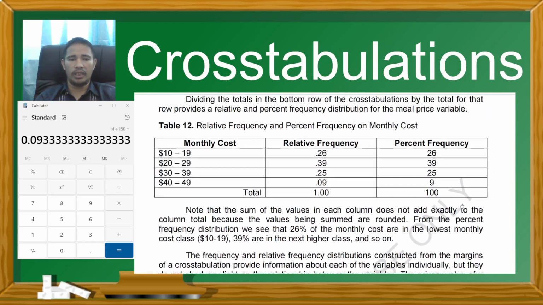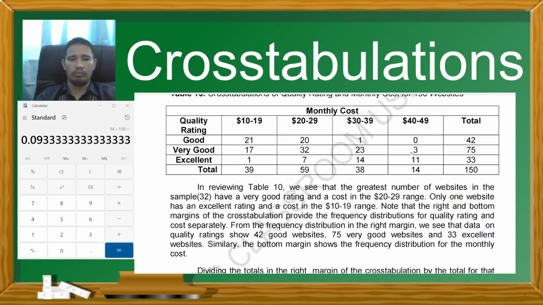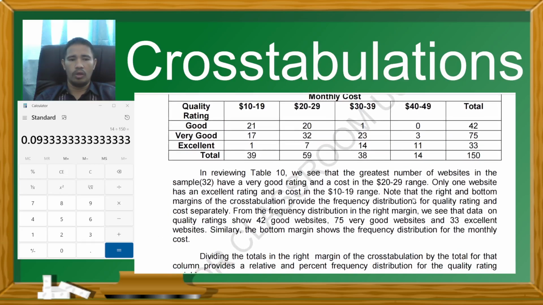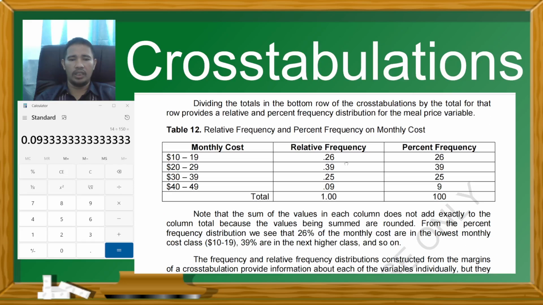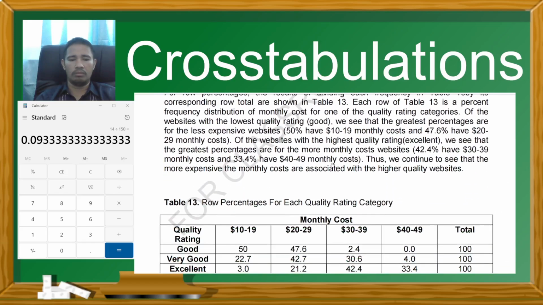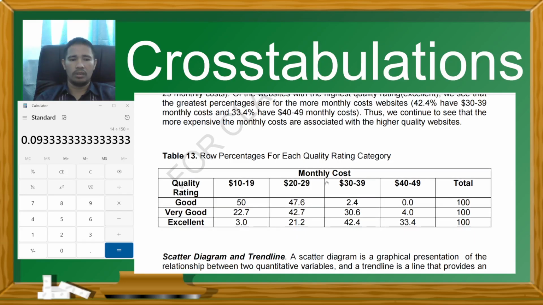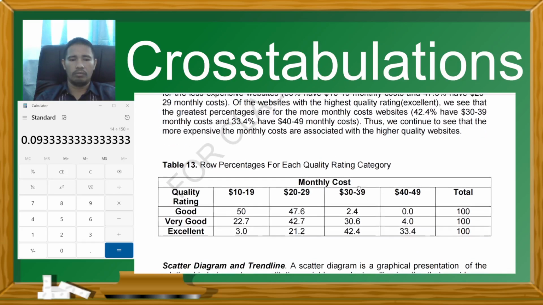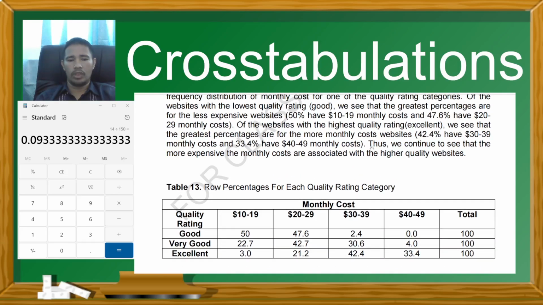Let me show you, guys. 21 over 39, let's try to compute that and see if the answer is the same. Okay, we have the 50.